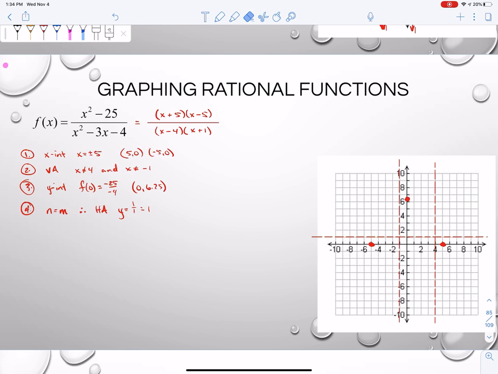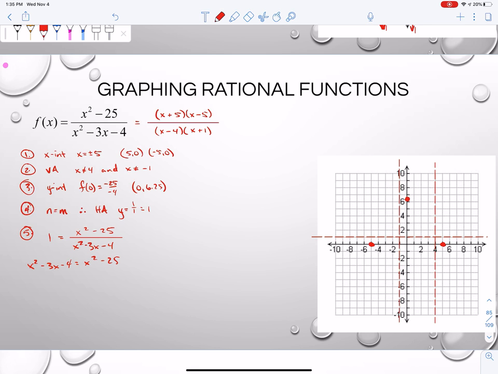Step 5. Let's see, do I ever cross that horizontal asymptote? I'm going to set 1 equal to x squared minus 25 over x squared minus 3x minus 4. If I cross multiply, I have x squared minus 3x minus 4 equal to x squared minus 25.